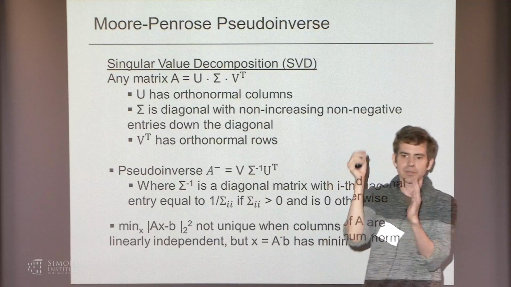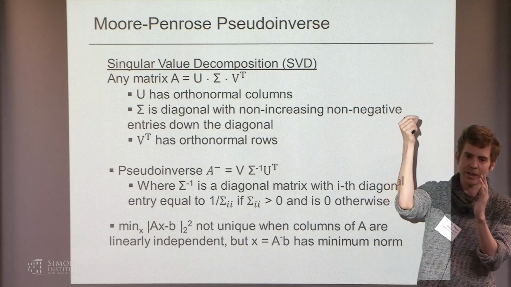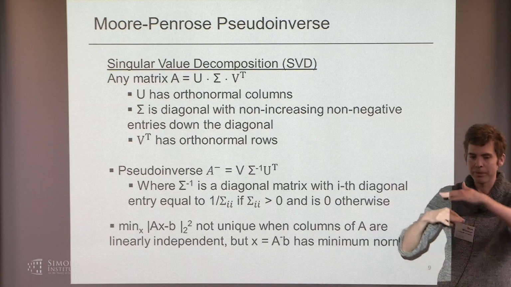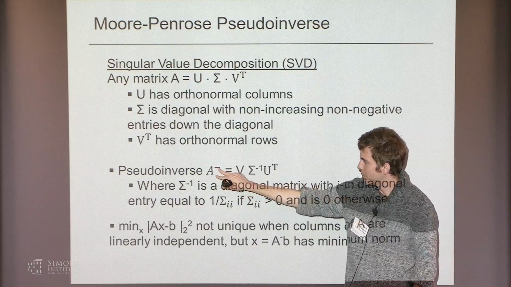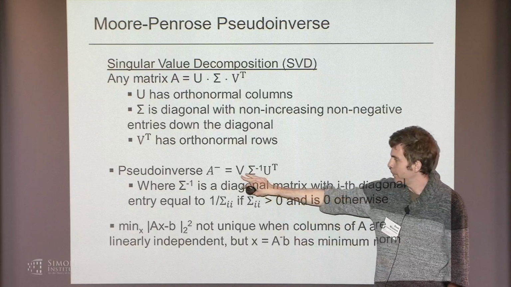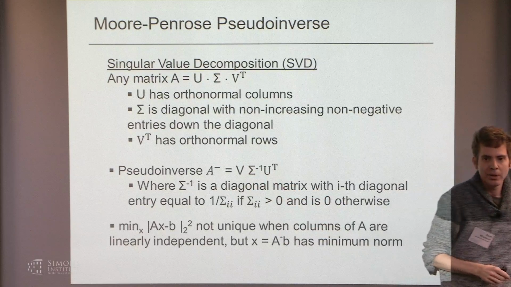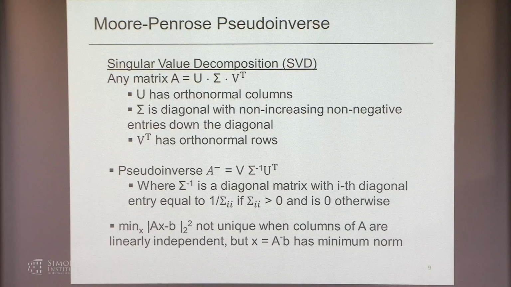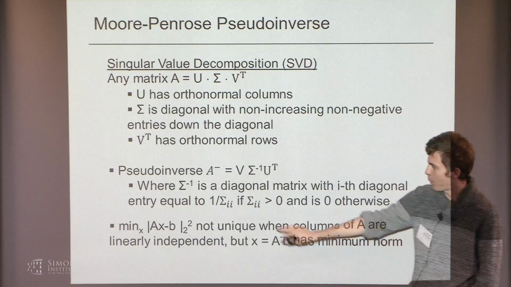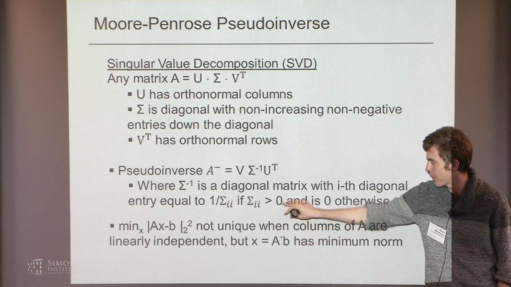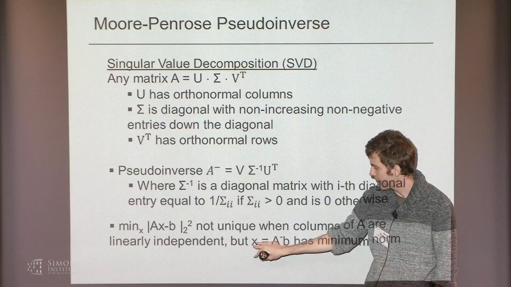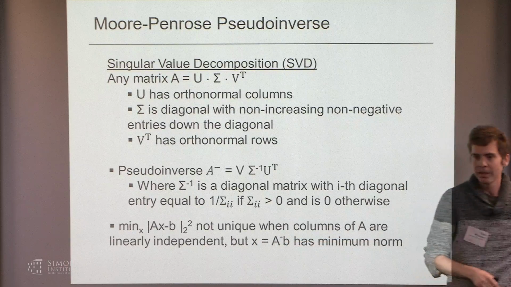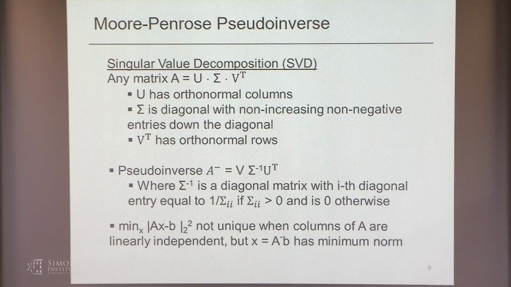U has orthonormal columns, sigma is non-negative diagonal and non-increasing as I go down, and V transpose has orthonormal rows. Then the Moore-Penrose pseudoinverse, A superscript minus, is just V sigma inverse U transpose, where sigma inverse is a diagonal matrix where the ith diagonal entry is 1 over sigma_ii if sigma_ii is greater than 0, and otherwise it's just equal to 0. So if you write x to be the pseudoinverse of A times b, then this is a solution with optimal cost with minimum norm.